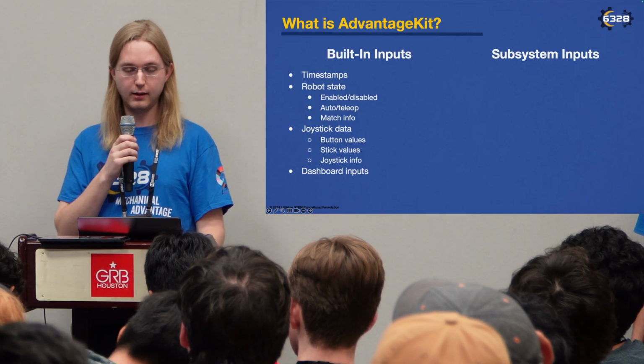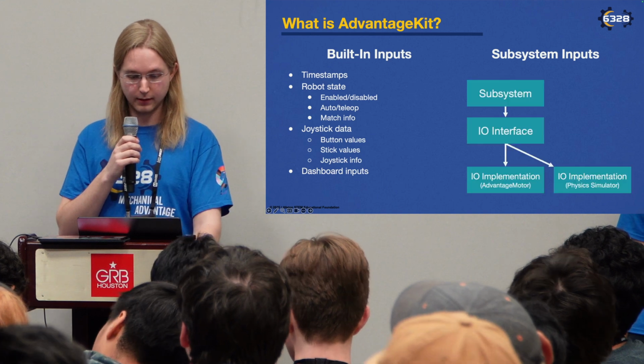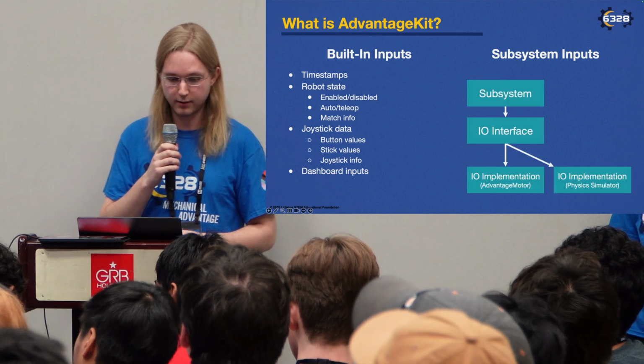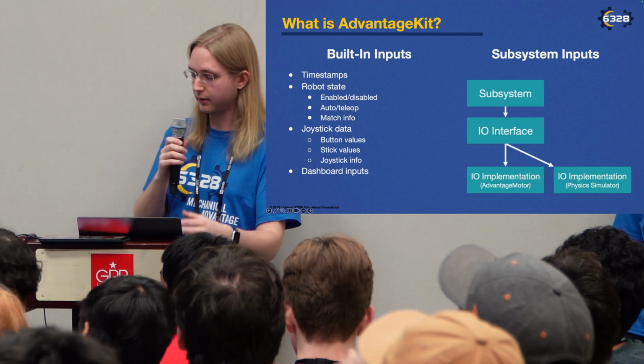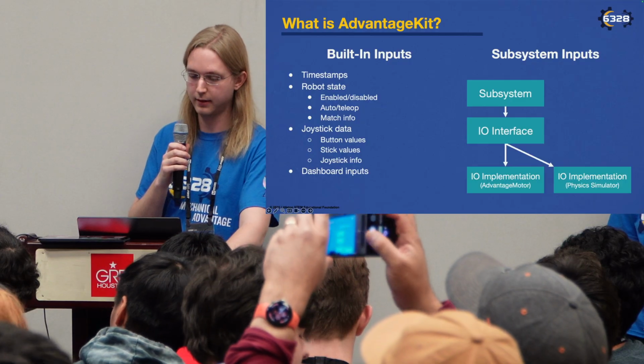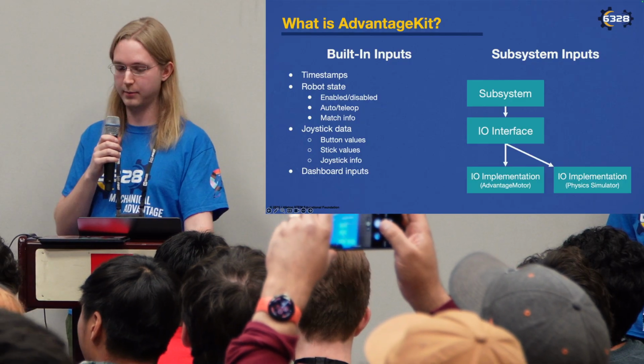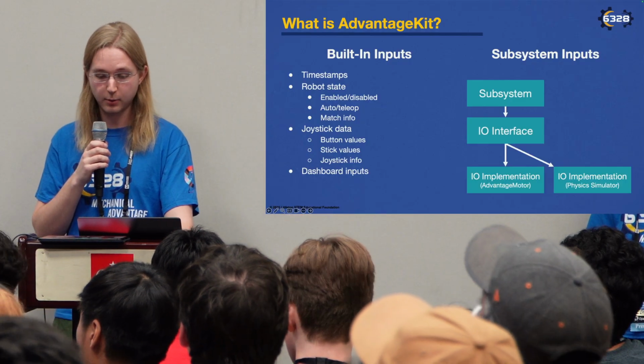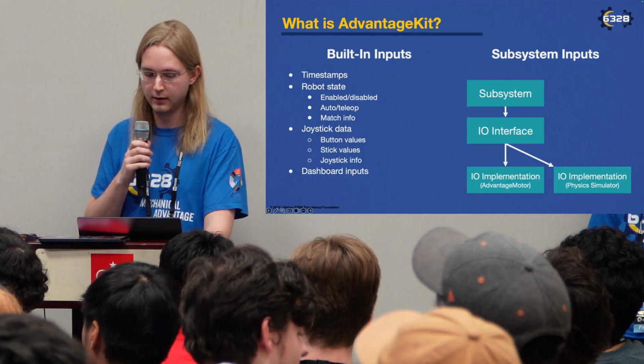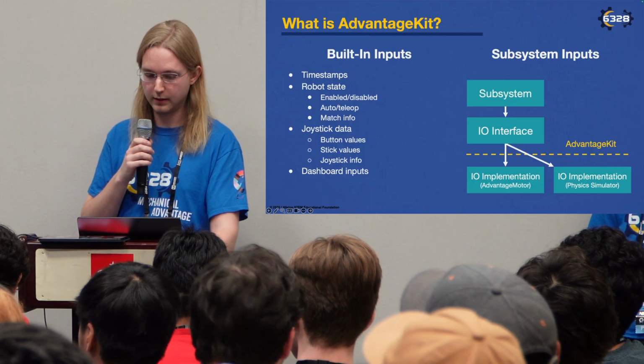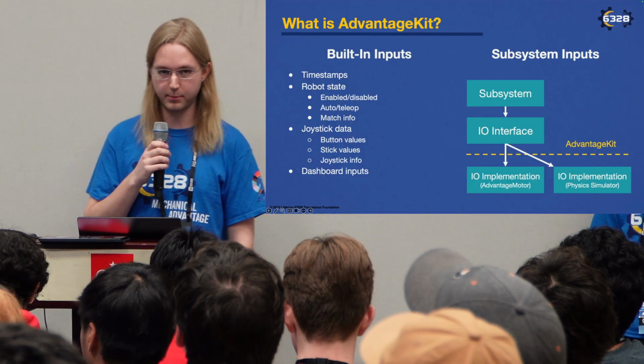Now, the other side of this are any inputs that are part of subsystems that aren't handled automatically by AdvantageKit. That might include your encoders, gyros, limit switches, things like that. And that's where hardware abstraction comes into play. Now, the I/O interface defines the input data for the subsystem.